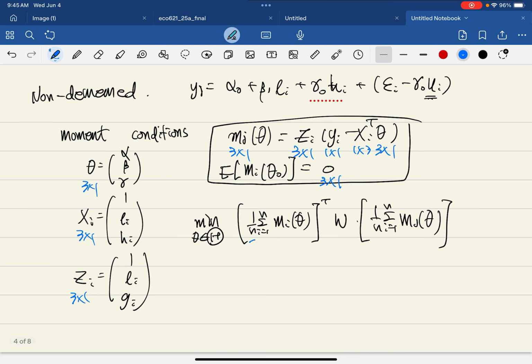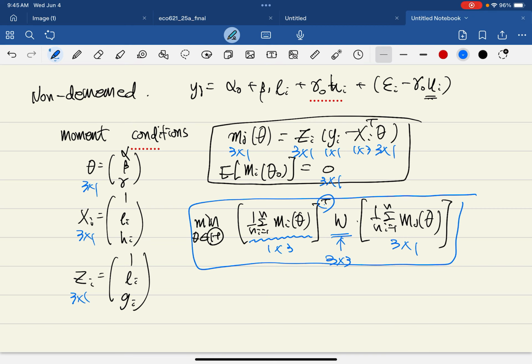That means this function is 1 by 3 after transposition, and this is 3 by 1. So W should be 3 by 3, right? If you can choose the correct W, then you can minimize. Minimization is not a problem, that is just a computational issue. What I'm asking you here is how to choose the correct weight matrix.